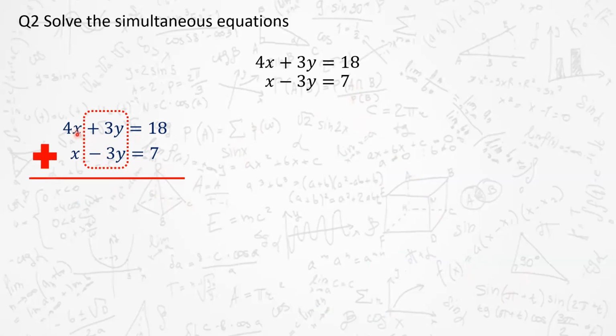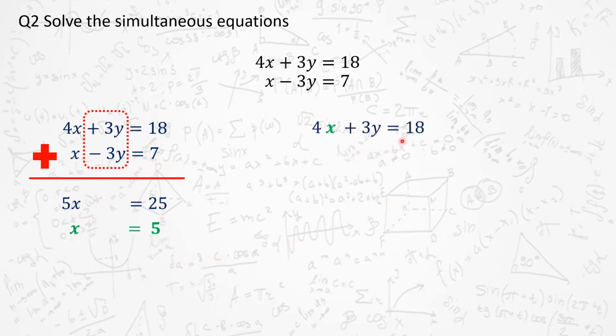So I have 4x plus x gives me 5x. Positive 3y plus negative 3y gives me nothing. 18 plus 7 gives me 25. So x equals 25 divided by 5, which is 5.